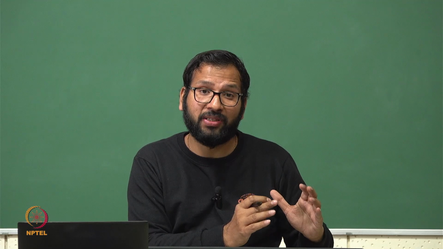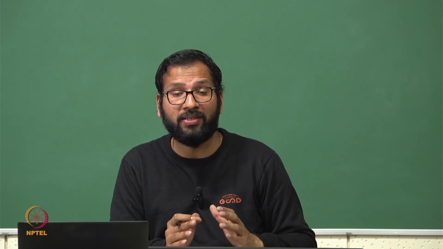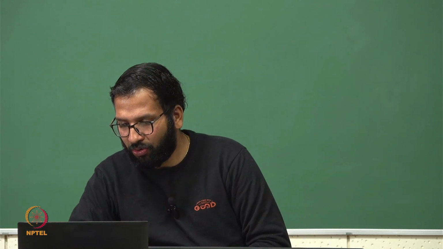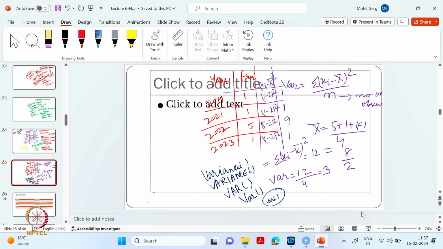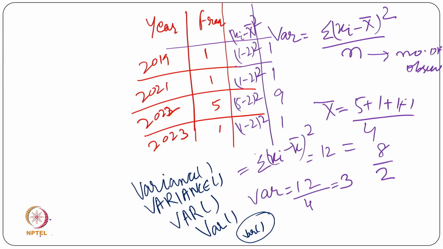So let us now see what variance value we get when we calculate manually. Our sample variance is (xi minus x bar) whole square by n minus 1. The (xi minus x bar) whole square value is 12.